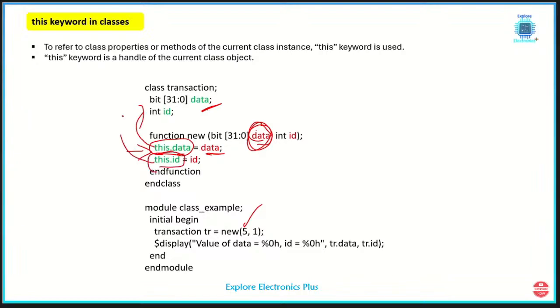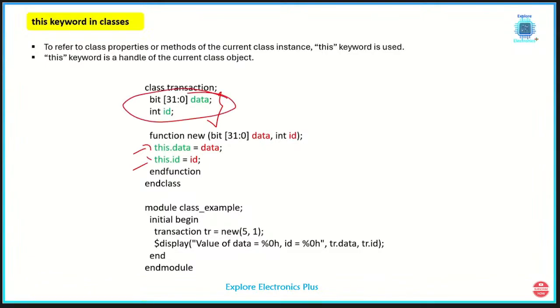This.ID corresponds to the class property. This ID corresponds to the function property. This data corresponds to the function property. This is the way we can access the data or ID of the transaction class using this keyword. Whenever you use this keyword, that corresponds to the members of the class, not the function or a task.